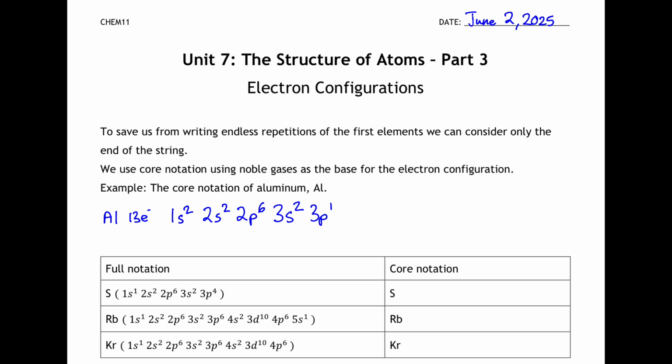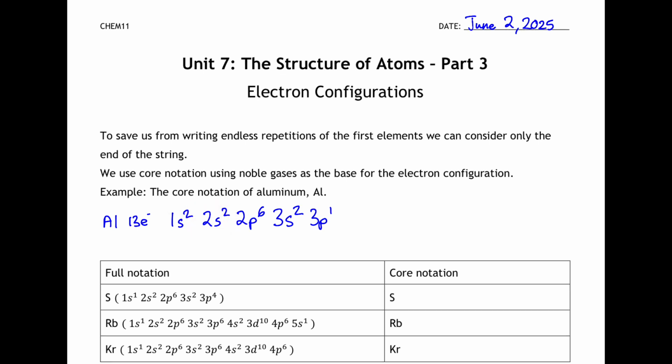So this is finished. This is how aluminum works. If we add up each of these, 2 plus 2 plus 6 plus 2 plus 1, that adds up to the 13 total electrons.